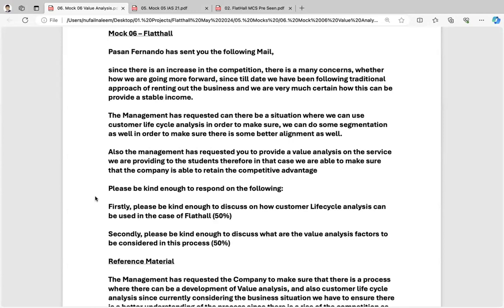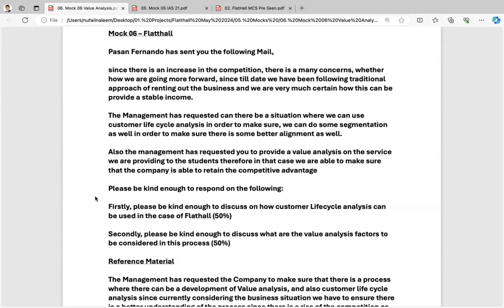Pasan Fernando has sent you the following mail. Since there is an increase in the competition, there is many concerns whether how we are going to move forward. Till date, we have been following traditional approach of renting out the business. And we are very much certain how this can provide a stable income as well.